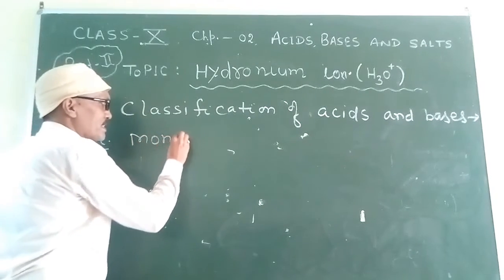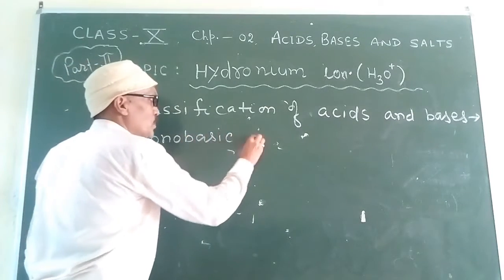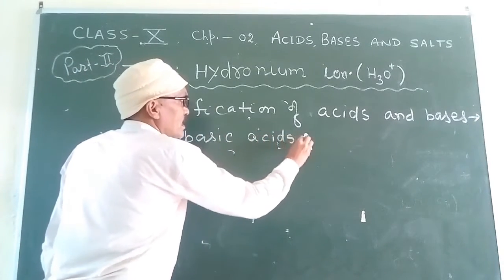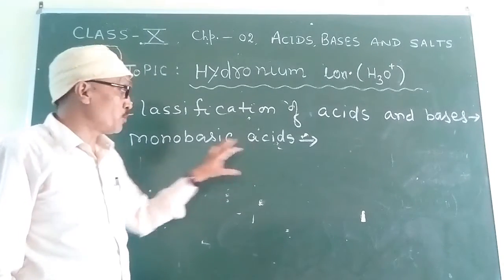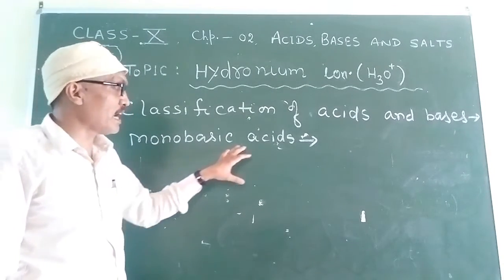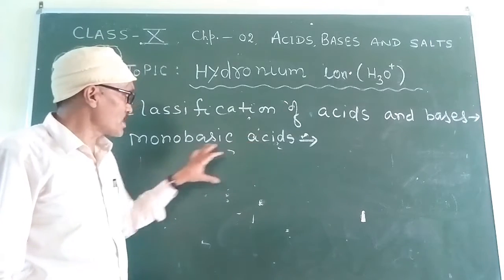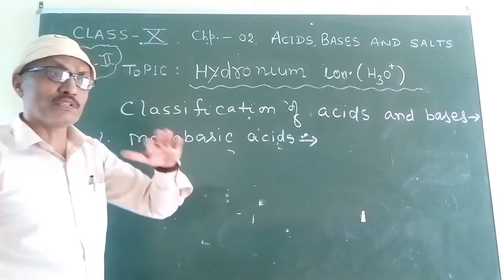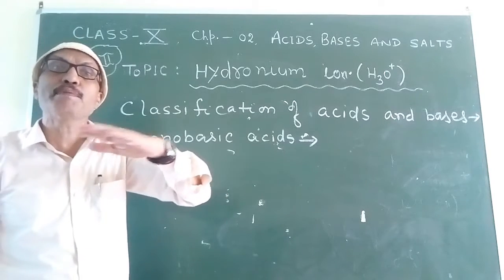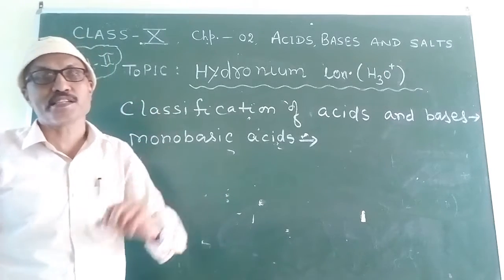monobasic acids. Students, monobasic acid, on what basis has this classification been made? This classification of acid has been made on the basis of replaceable hydrogens in that acid.